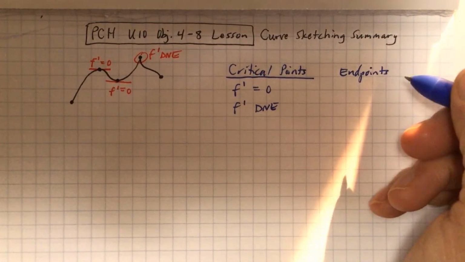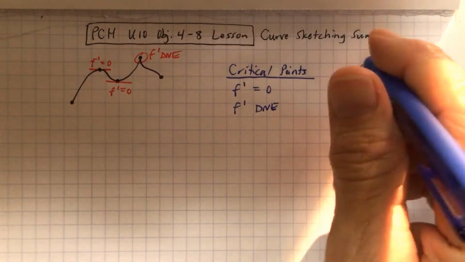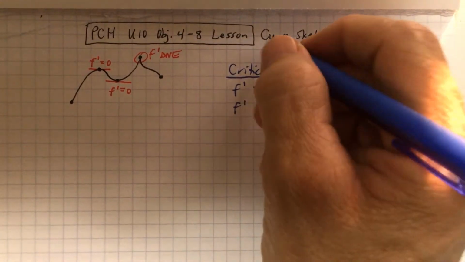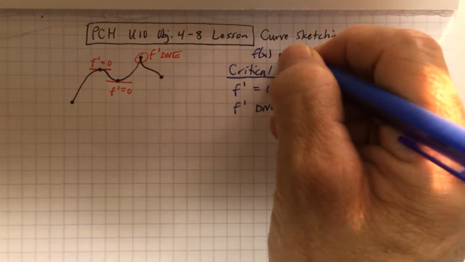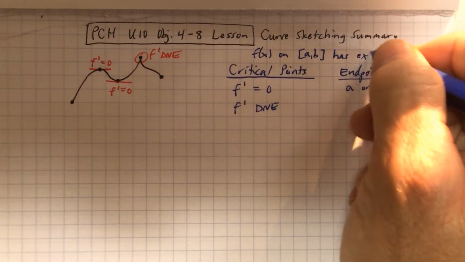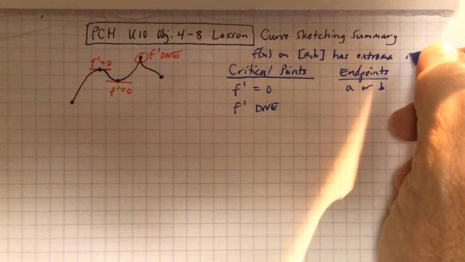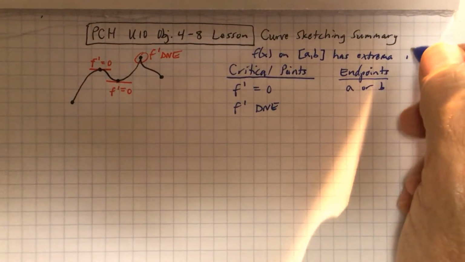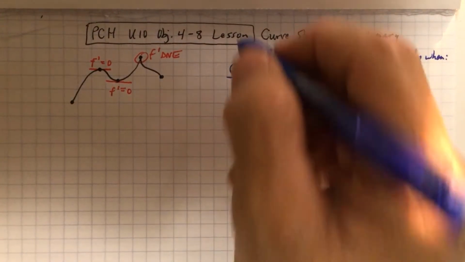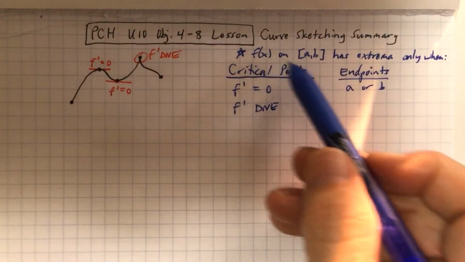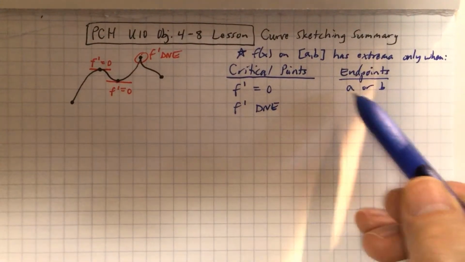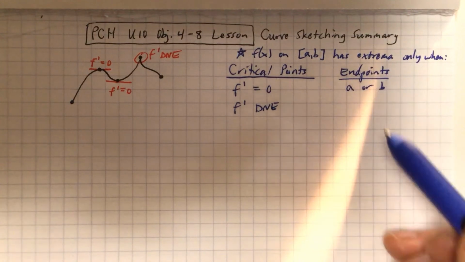So let's see, how can I make this look good here? Critical points and endpoints, A or B. So f of x on the interval from A to B has extrema only when, and this is the key concept: f of x on the closed interval from A to B has extrema only at critical points and endpoints.